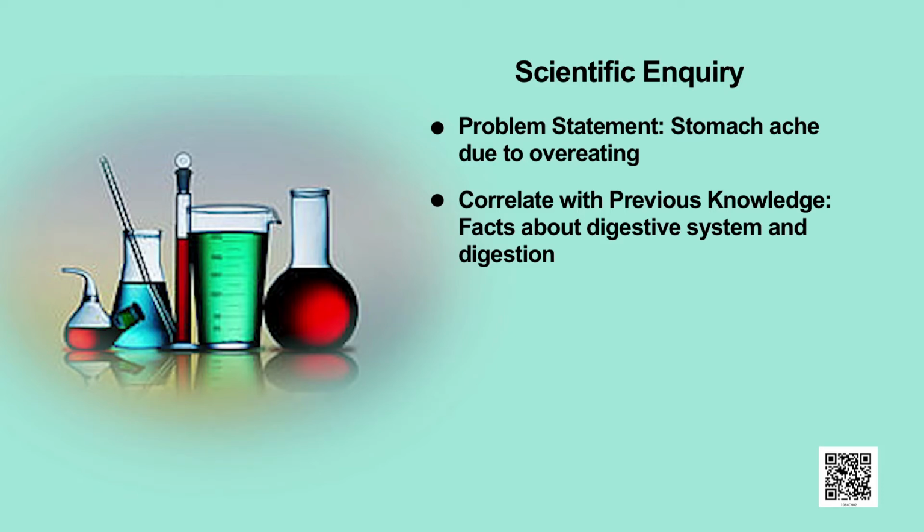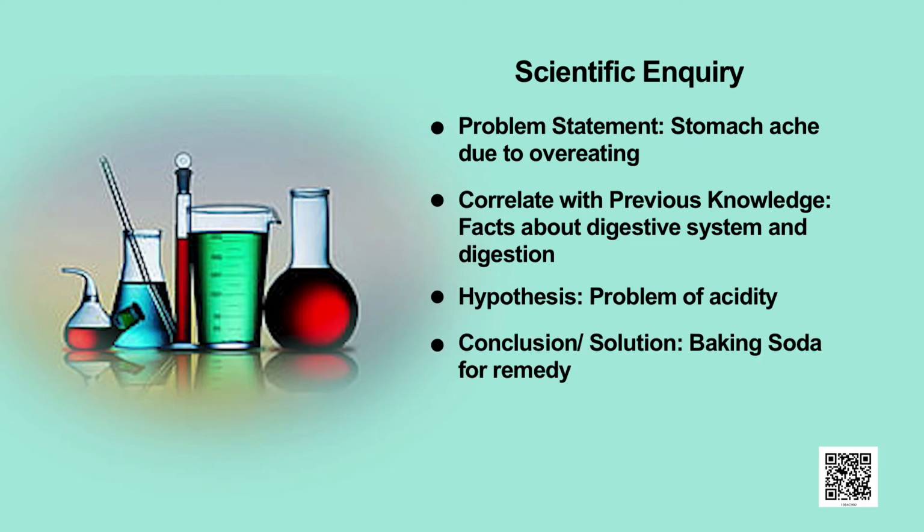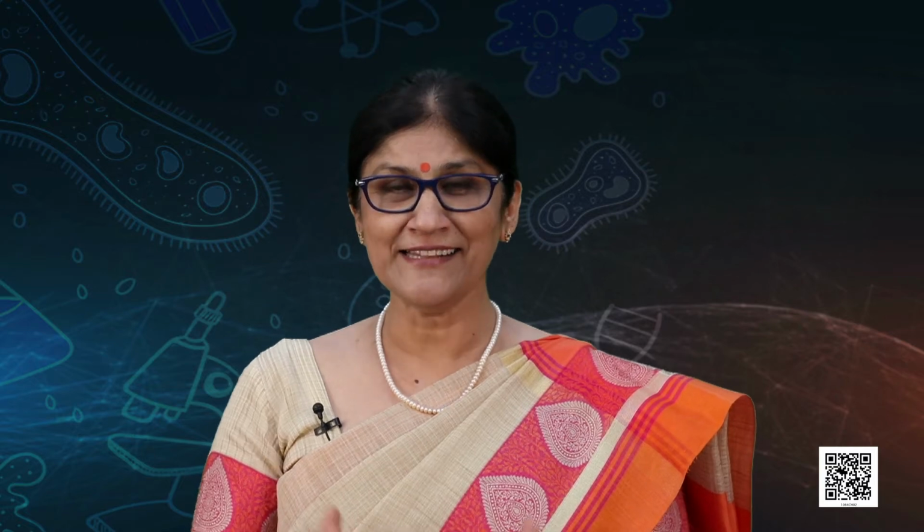So you must have noticed that my son is facing the problem of acidity. And then to suggest a home remedy, I am sure you must have suggested baking soda that is available in every household. So, you know now why I call you young scientists? Because that is what the work of a scientist is. They collect the data, they correlate and then they come to a conclusion.